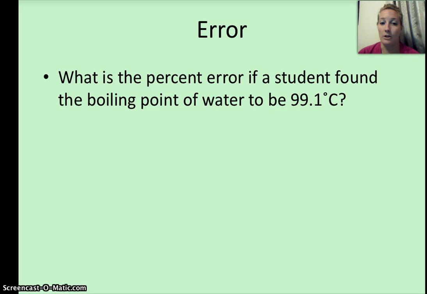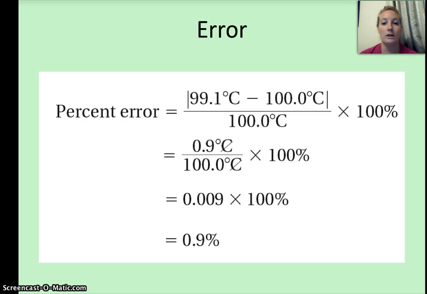Our accepted value, if we think about the boiling point of water in Celsius, is 100. So if we take 99.1 minus 100, divided by 100, and then times 100% to get it into a percent, we end up with a 0.9% error.